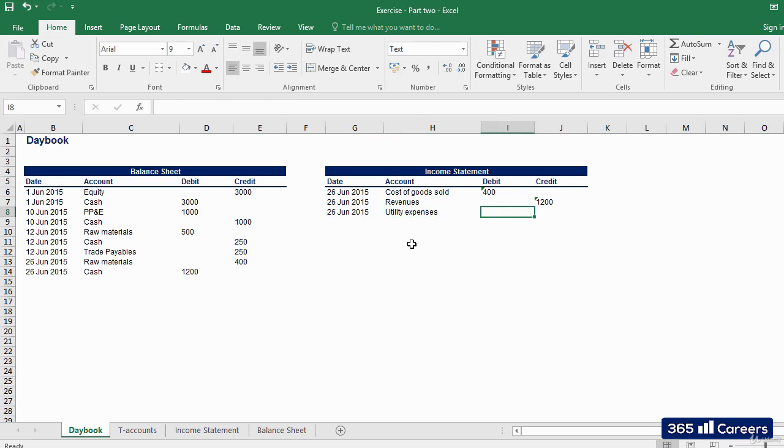In general, one part of a firm's utility expenses should be considered within cost of goods sold. This is the part which is directly attributable to the production process. In our case, we cannot make a distinction, and that is why we will leave a separate expense account named utility expenses. Having said that, let's make the daybook entries.